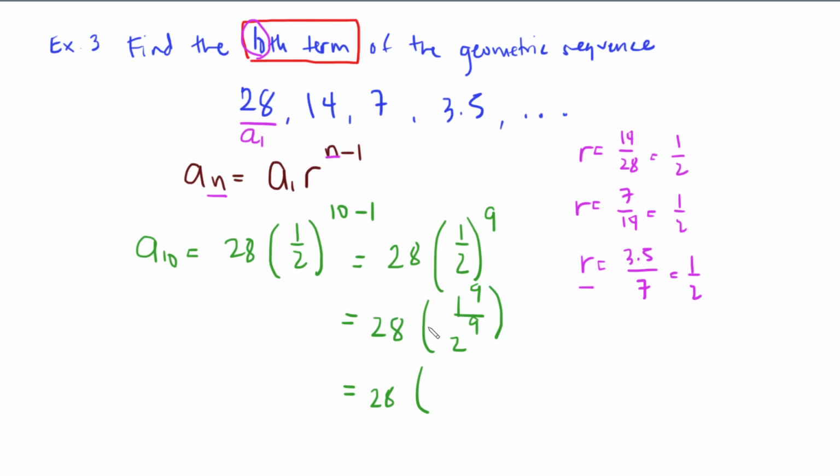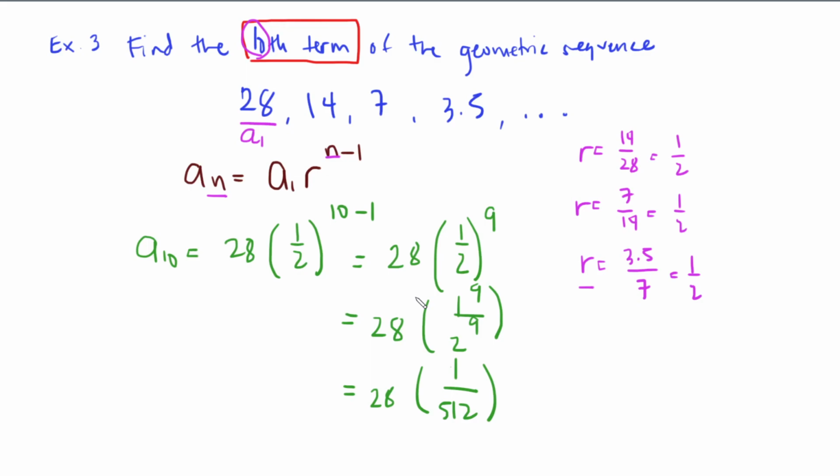So, dapat malaman mo dyan yung 2 raised to 9. No? So, what is 2 raised to 9? Okay, so that is 512. So, meaning, ang sagot natin is 1 raised to 9 is 1 over 2 raised to 9 is 512. Okay? Then, multiply it to 28. No? So, 28 over 512.